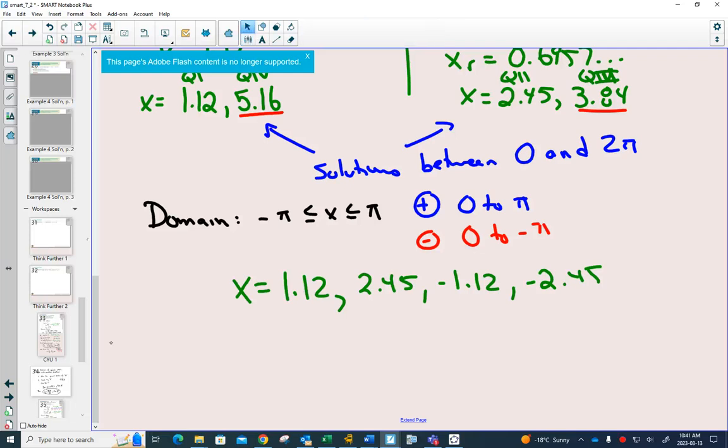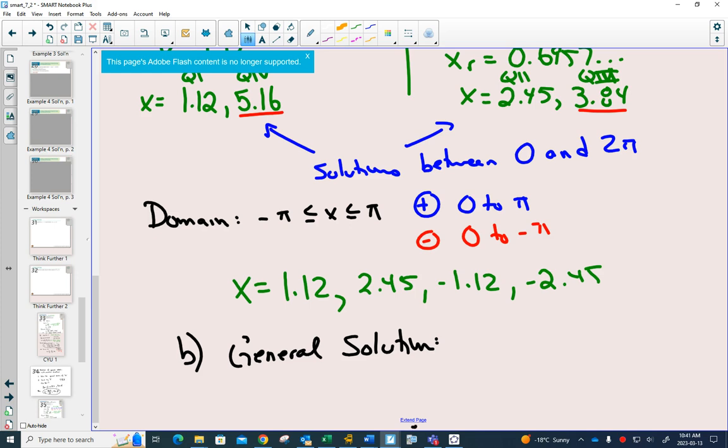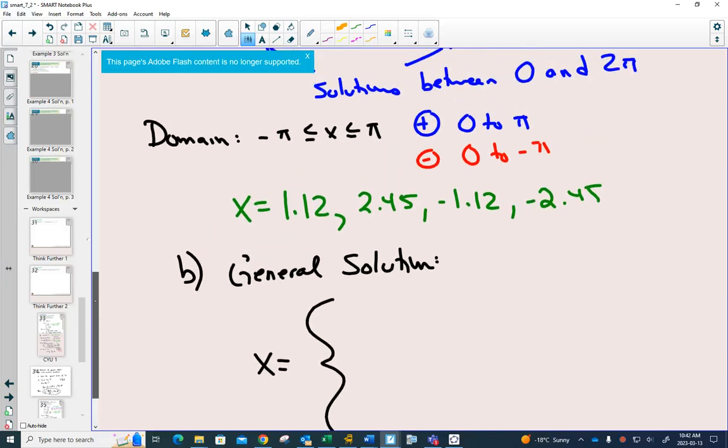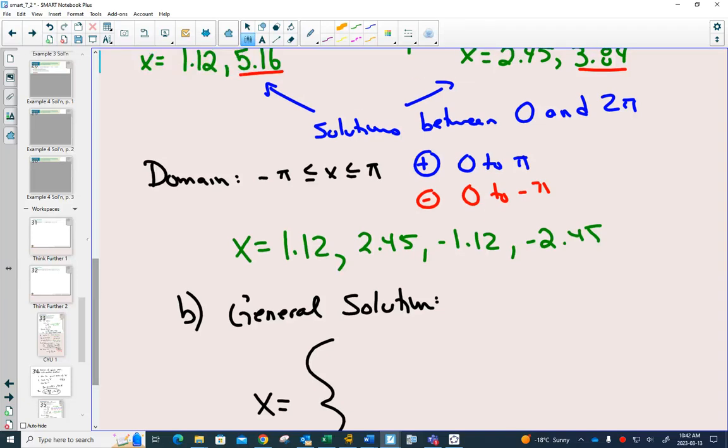And finally, in part B, it asks for the general solution. And for the general solution, we would go x equals, we'd write all of our answers. And for me personally, I like to use the ones between 0 and 2 pi, so I would use 1.12, 5.16, 2.45, and 3.84.